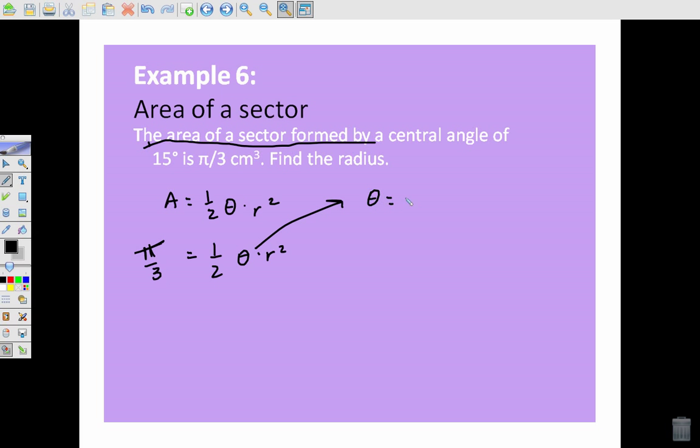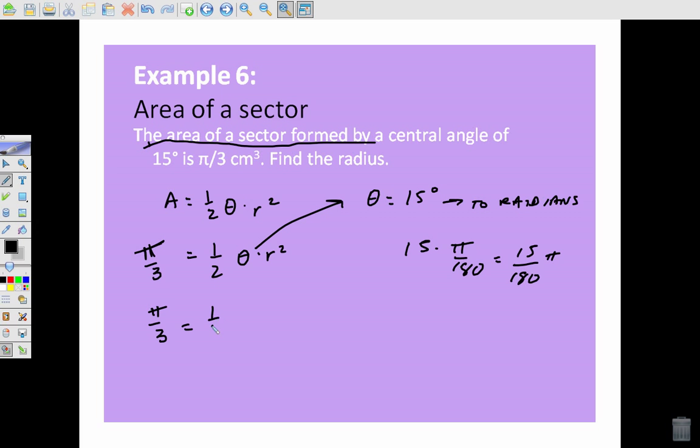Let's jump over here for a minute. Our theta is equal to 15 degrees. Well, we need to convert that to radians. Okay, so I'm going to do 15 times pi over 180. That gives me 15 over 180 pi.